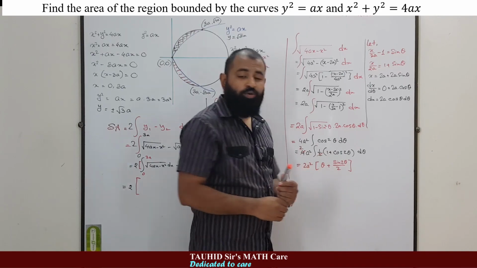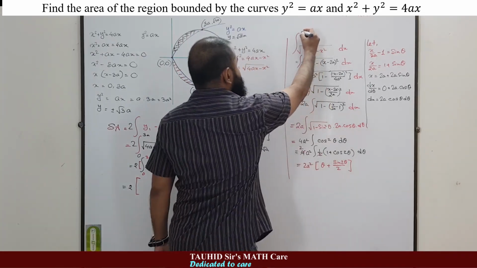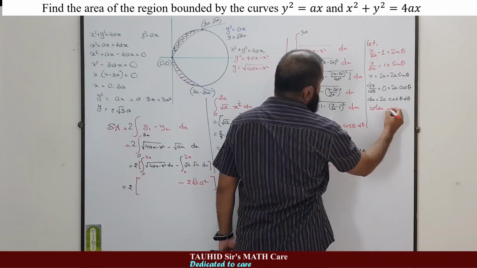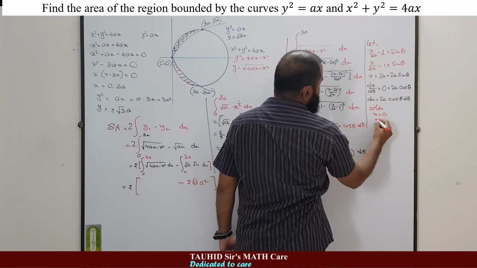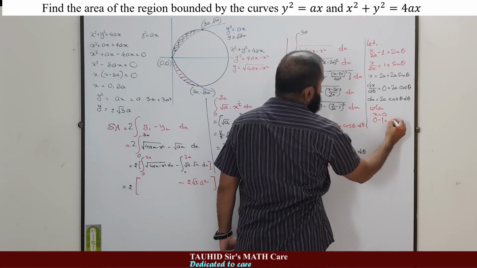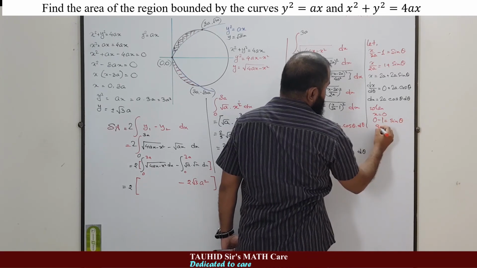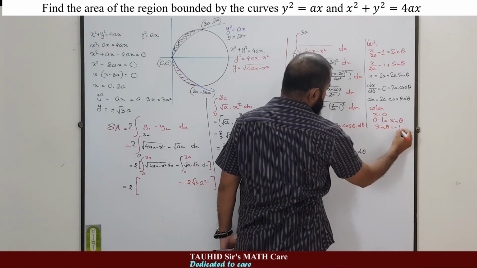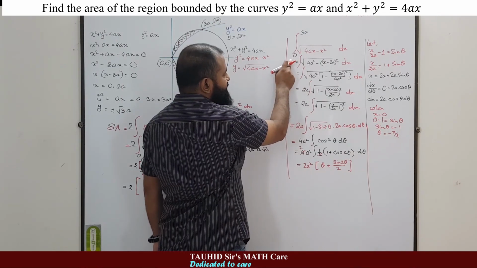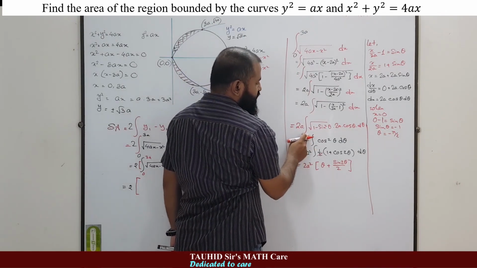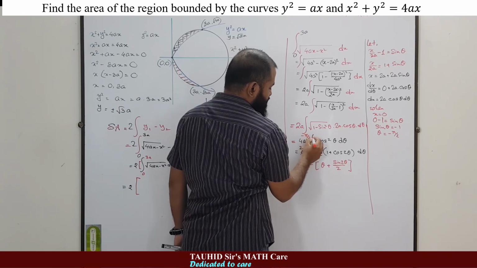And what about the limits? Limits was 0 to 3a. When x equal to 0, if we put this value here, 0 minus 1 equal to sine theta, that means sine theta equal to minus 1, theta equal to minus pi by 2.